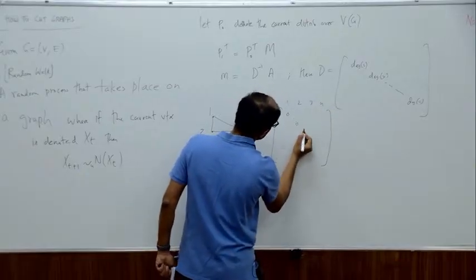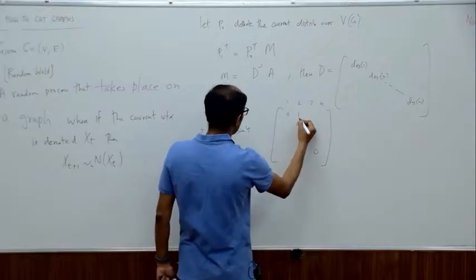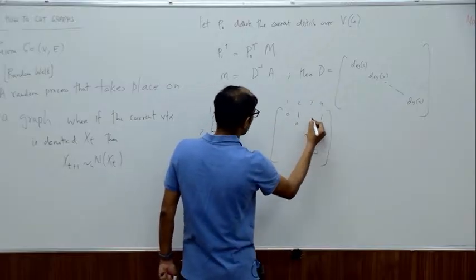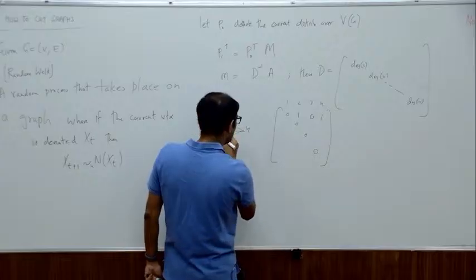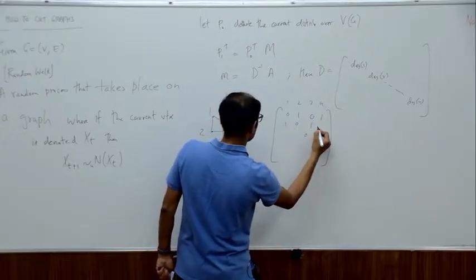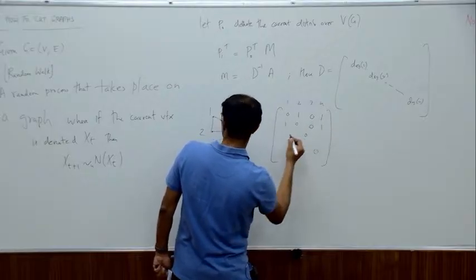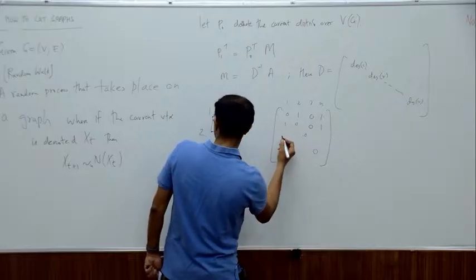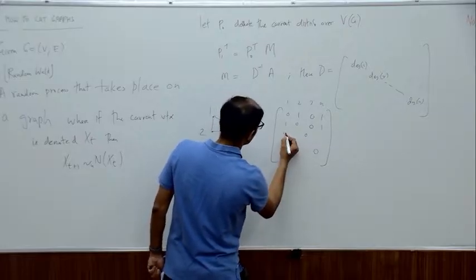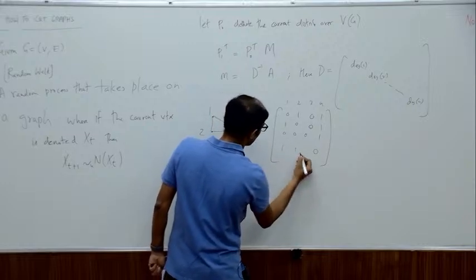I will have zeros running down the diagonal, and 1 is adjacent to 2, 1 is adjacent to 4, 1 is not adjacent to 3. And 2 is adjacent to 1, 2 is adjacent to 4, not adjacent to 3, all right. And then 3 is adjacent only to 4, and 4 is adjacent to everybody else.